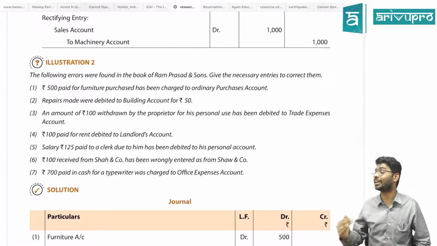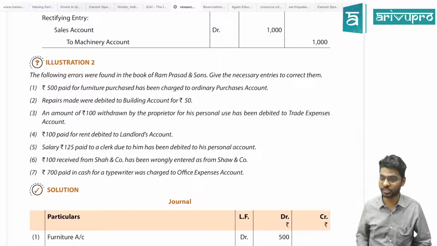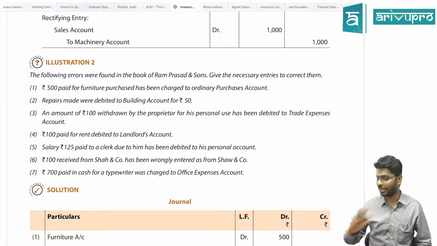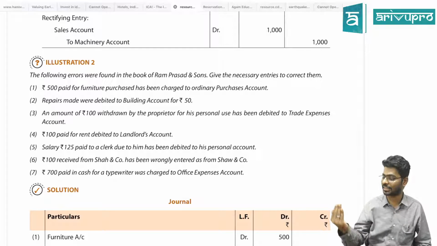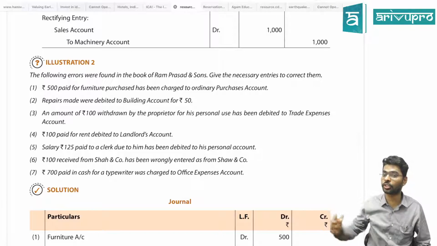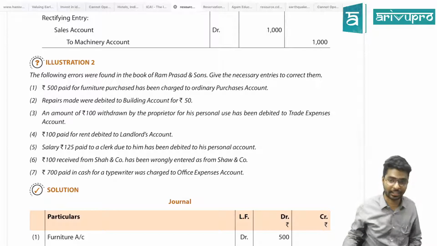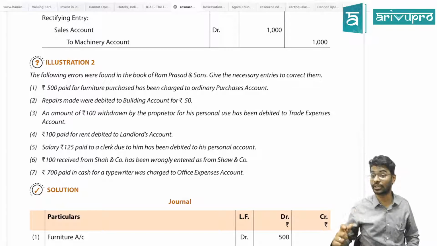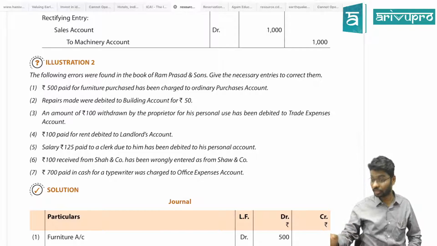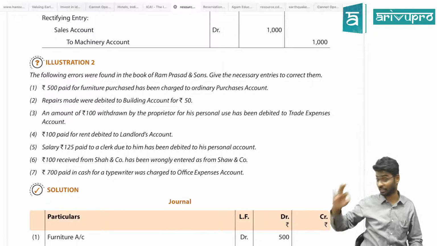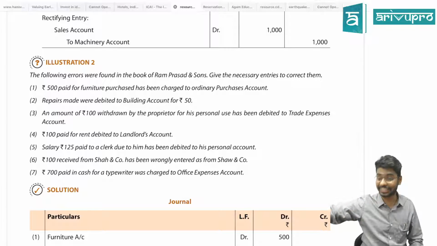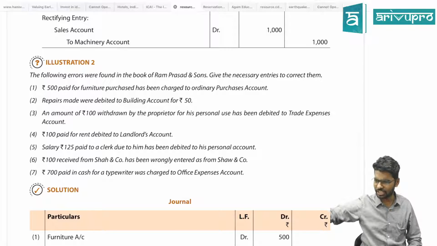When I say undercast and overcast, what does it mean? Undercast means, for example, my purchase book total was 100 rupees, but you did the total and wrote it as 80. Please understand the error I am making. I did all the entries right: Ram account, Sita account, Lakshman account.